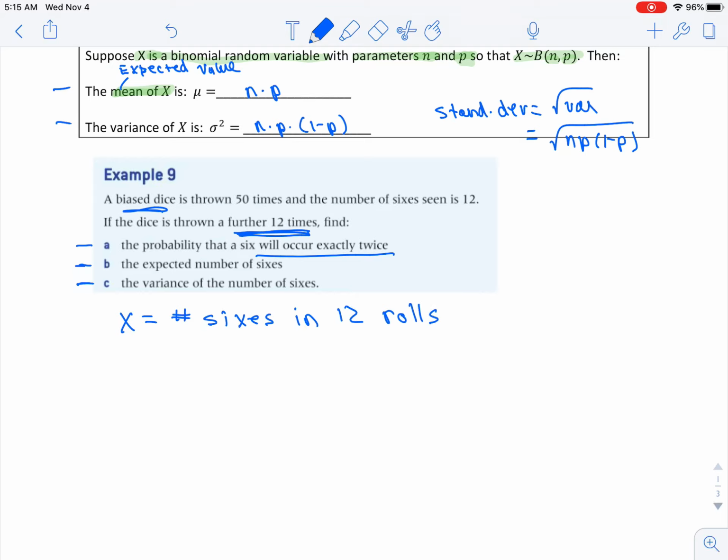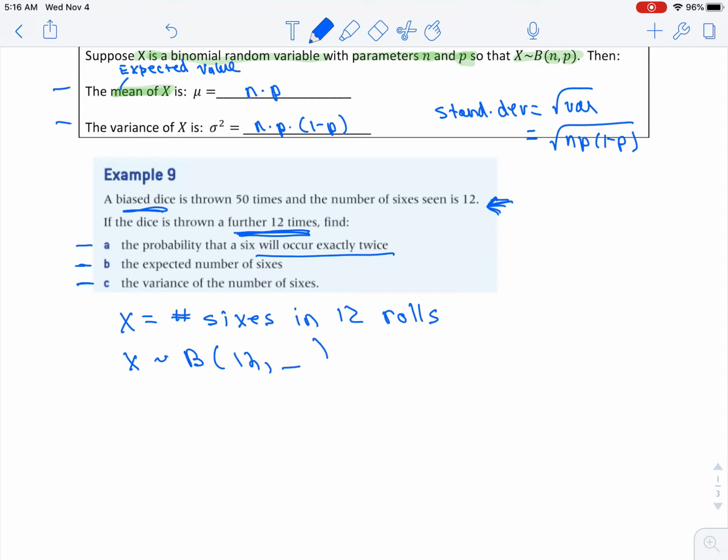So that means that we have something that has 12 trials, a fixed number of trials, and the probability of success is going to be fixed, and we're going to find that probability by using this experimental data that's up here. So we can say that X follows a binomial distribution with 12 trials, right?